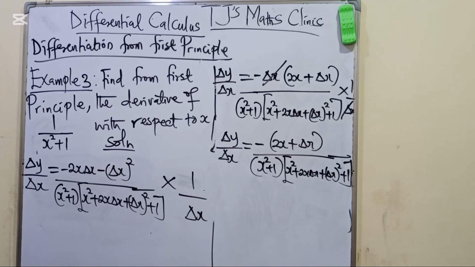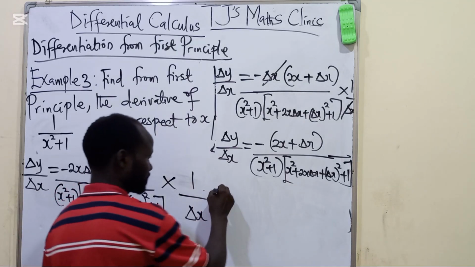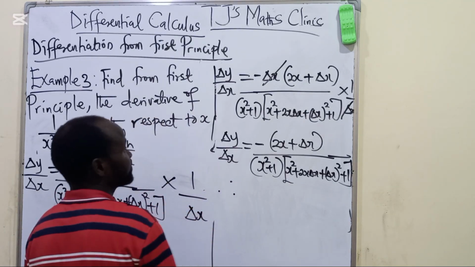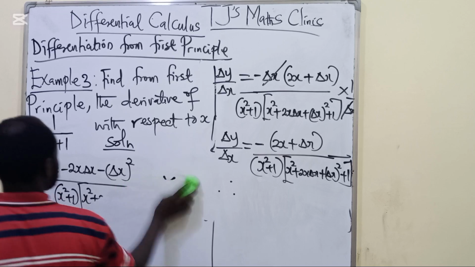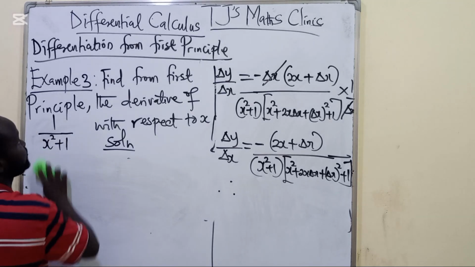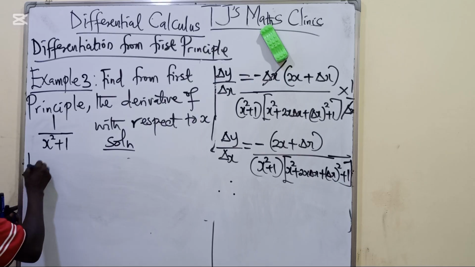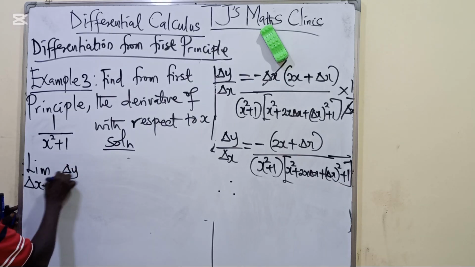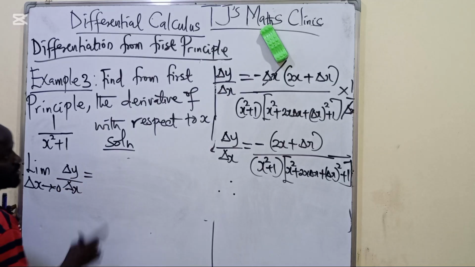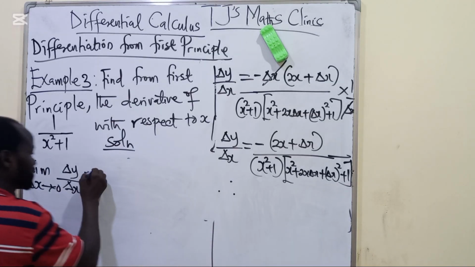At this point, let's split and see what we can get. Very important. Or we can take the limit here such that anywhere we see delta x, we plug in 0. So therefore, the limit as delta x tends to 0, the limit now as delta x approaches 0 of changing y with respect to x now will be, anywhere we see delta x, we substitute 0.